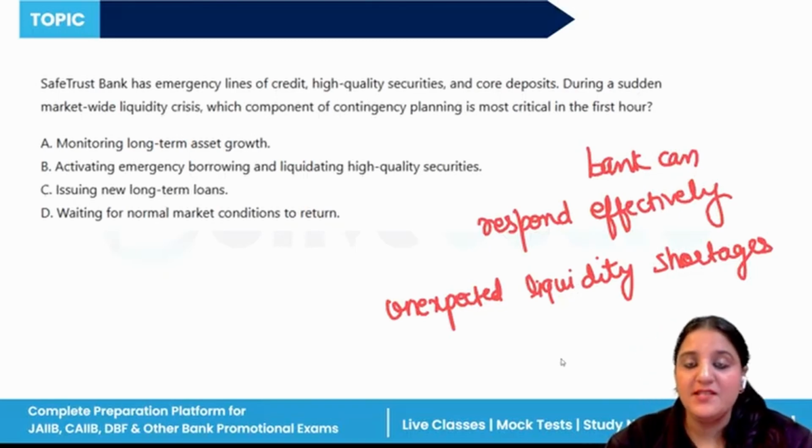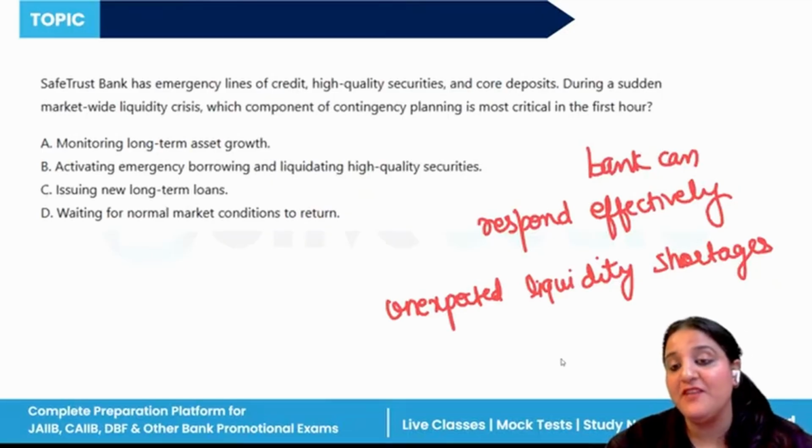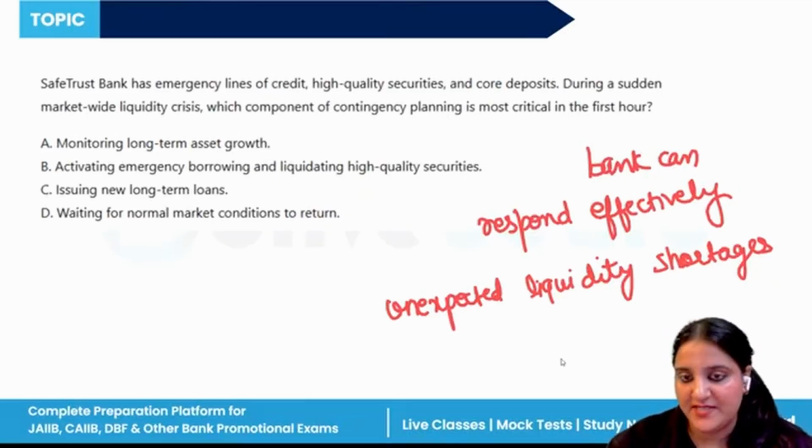Contingency planning ensures that we identify the potential stress events, determine the emergency sources, develop the action plans, test the plan, and assign the responsibility. So contingency planning complements stock and flow approaches by preparing for extreme but possible events.